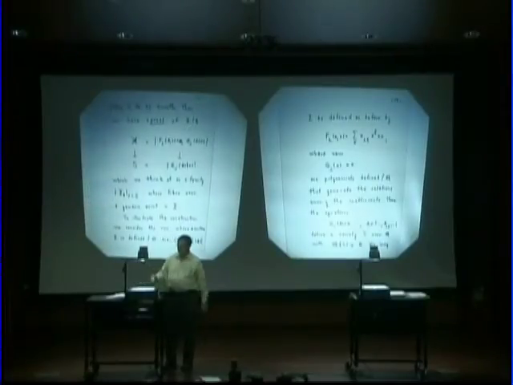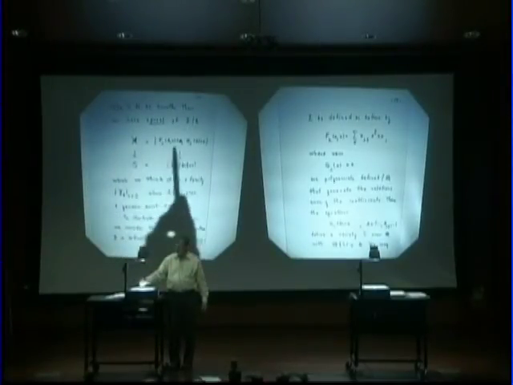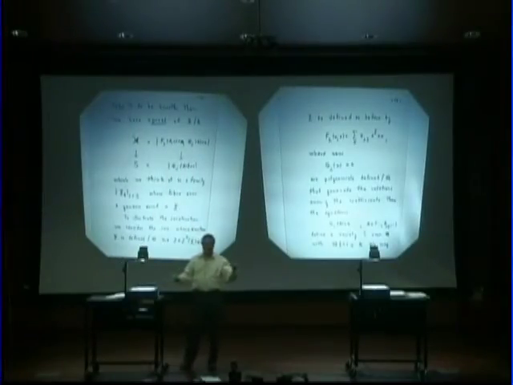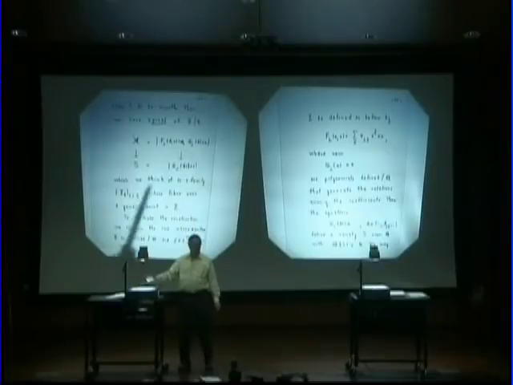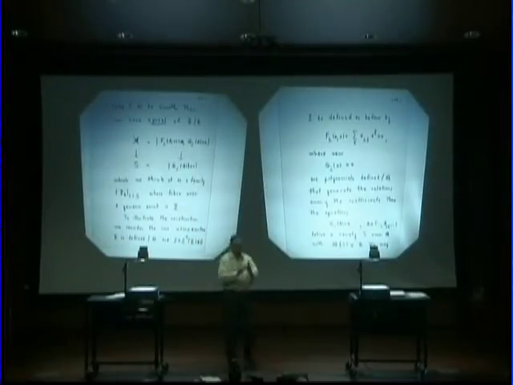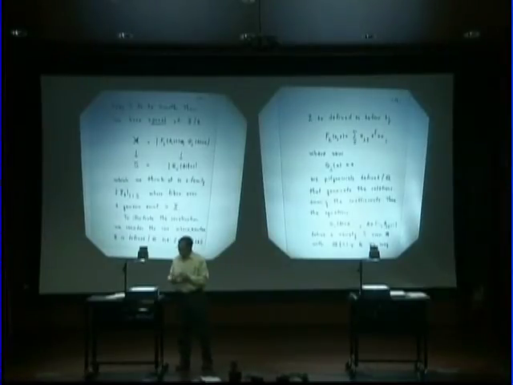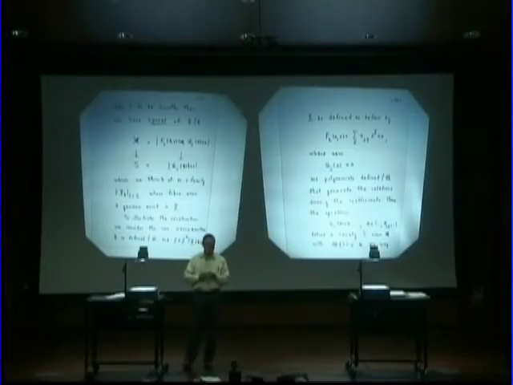So the spread of your variety you can take to be defined by the original equations, but with the coefficients now varying, subject to the relations that the original ones satisfied. You think of it as a family. You're spreading it by varying the transcendentals in the field of definition. So we think of it as a family whose generic point is X.